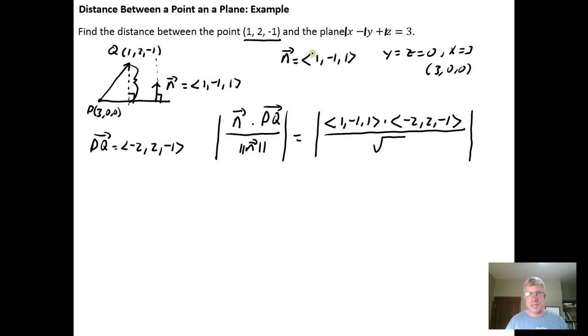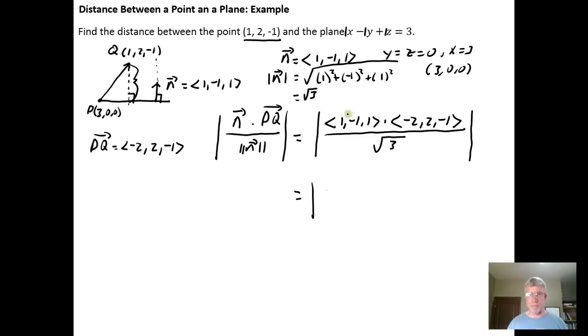And then the size of the normal vector, we know that that's just going to be the square root of the sum of the squares of the vector components. We've already done this, so we plug in the vector components, and when we simplify this, we're just going to get the square root of 3. So this is going to be the square root of 3 down here.